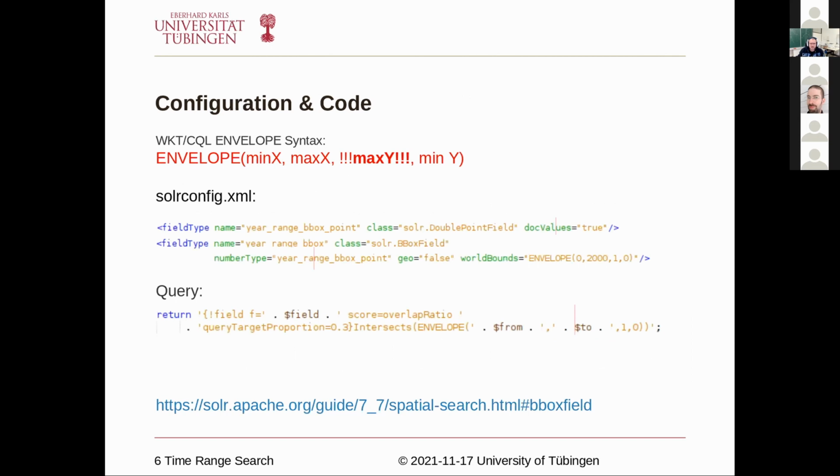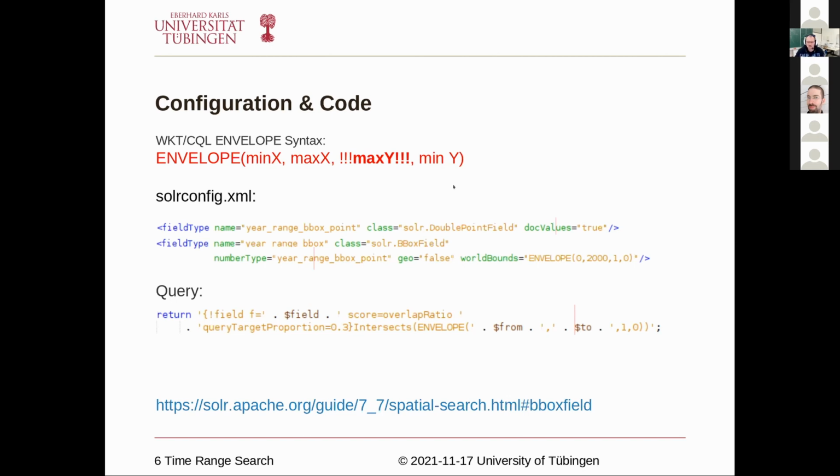And basically, this is what is needed for configuration. It's also pretty important that you know that a WKT CQL envelope syntax is used for declaring all this. And it's not min x, max x, min y, max y, but the max y and the min y are interchanged with each other.